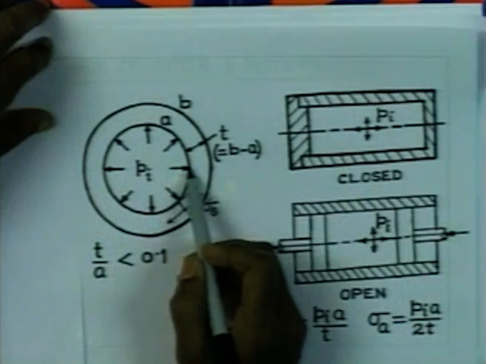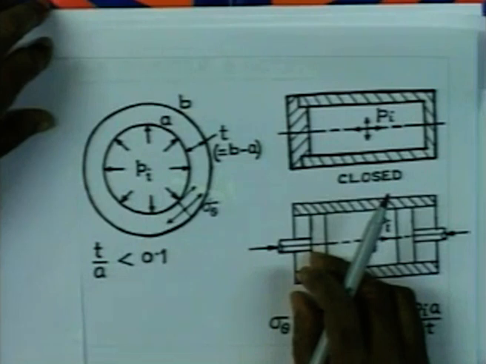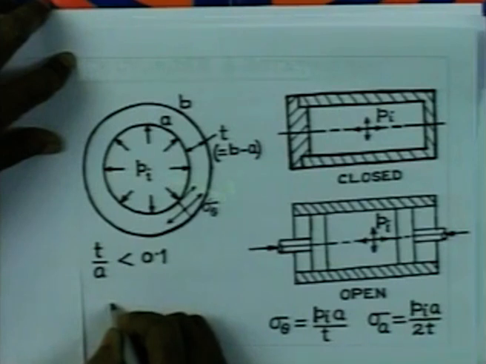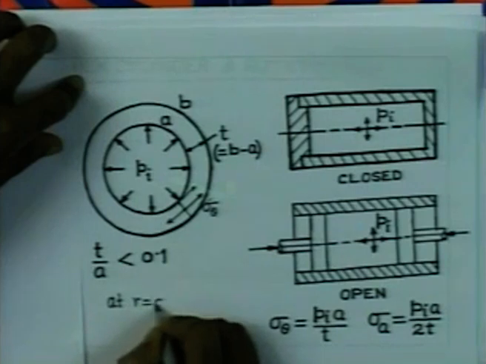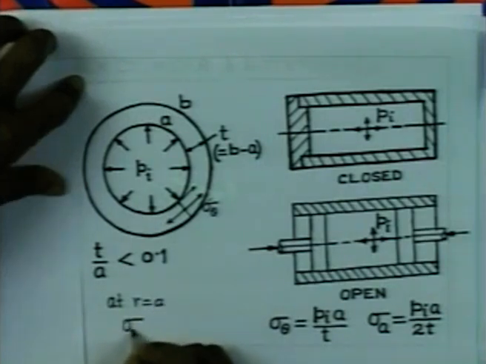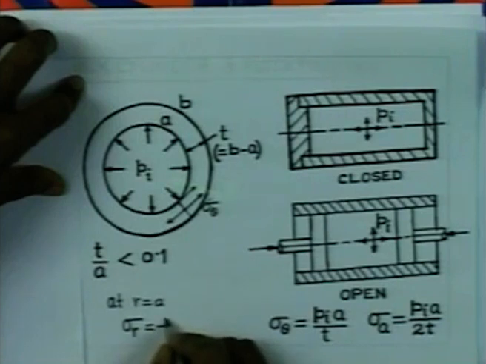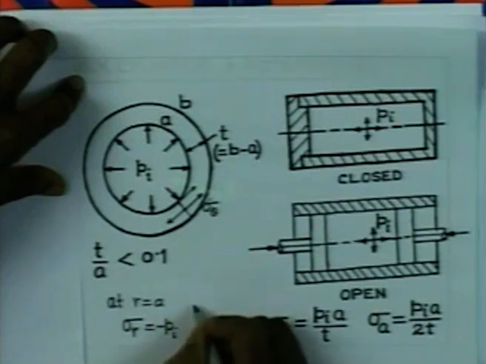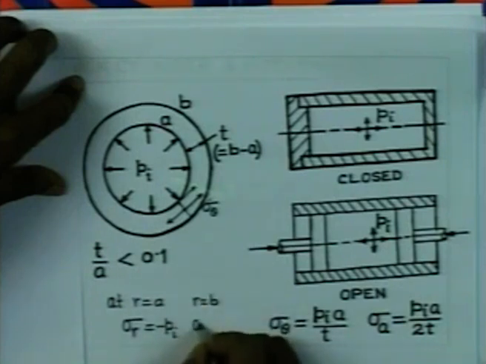It is not difficult for you to appreciate that the stress in the radial direction at the inner radius is nothing but minus pi. That means at r equal to a, you have a radial stress sigma r is equal to minus pi, and at r equal to b, you have a radial stress.